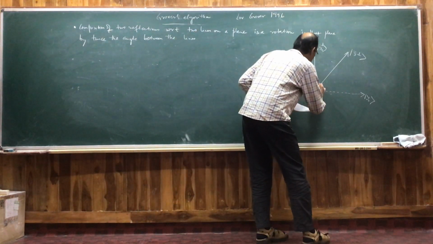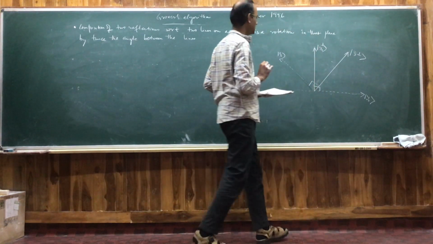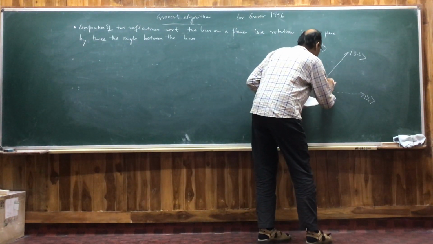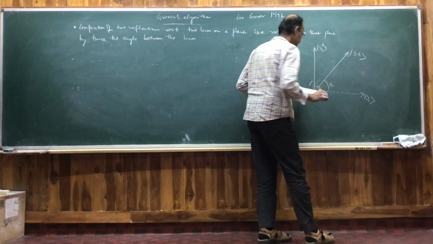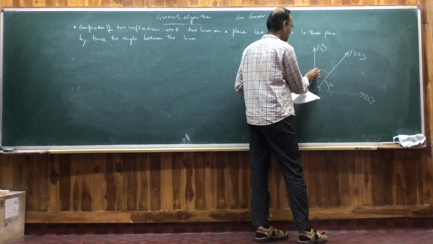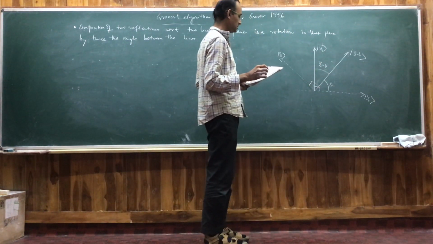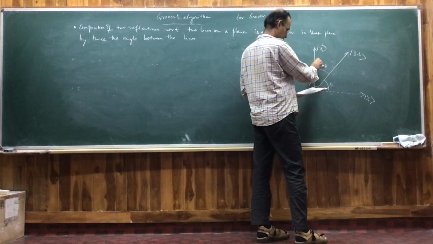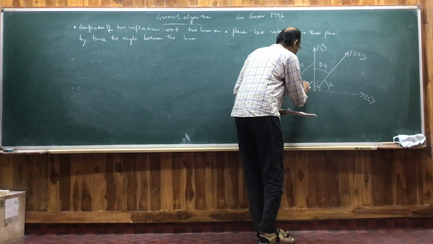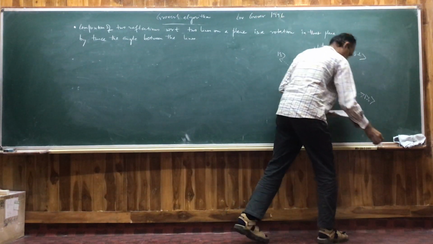So this thing is orthogonal and this thing is orthogonal. Let us call this angle theta. Then this is pi by 2 minus theta, this is again theta and this is again pi by 2 minus theta. Yes.